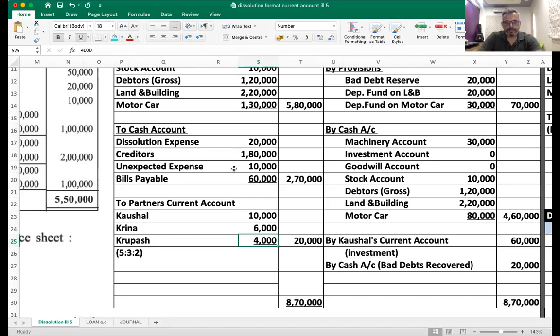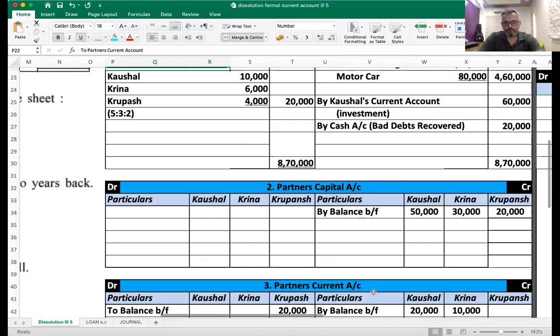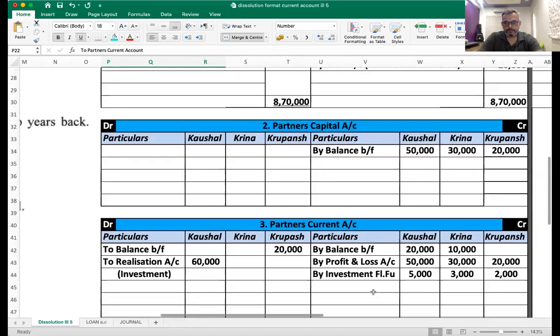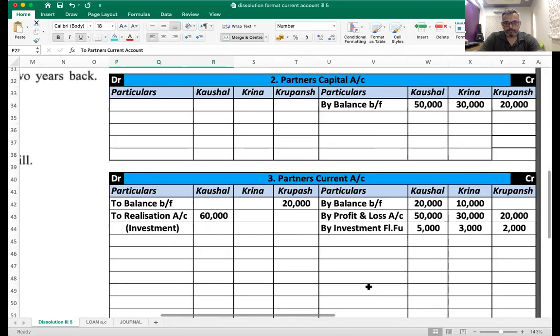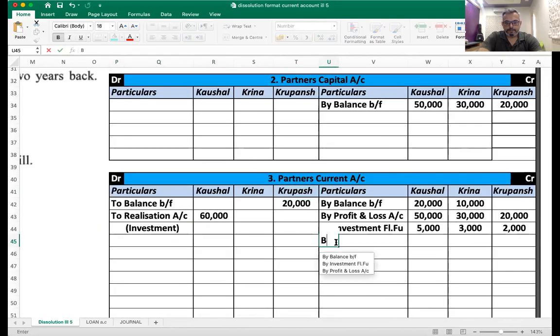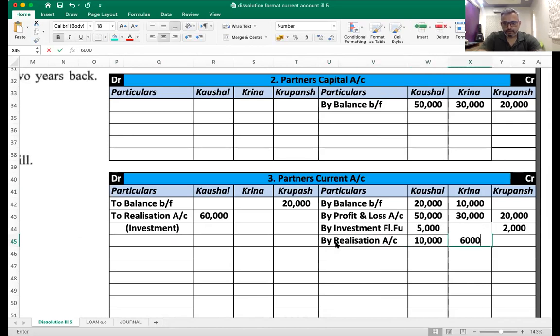Underline this and we transfer this to current account by realization account. 10,000, 6,000, 4,000.